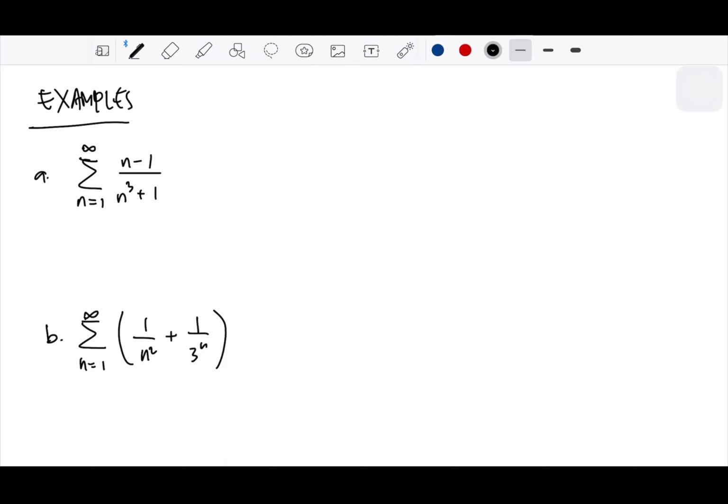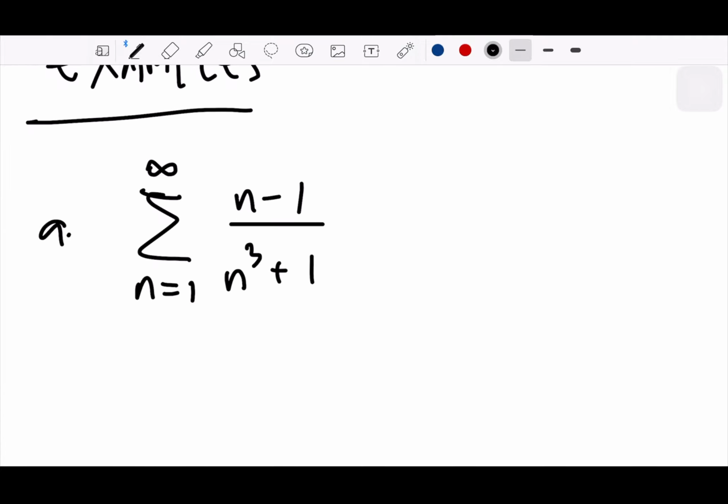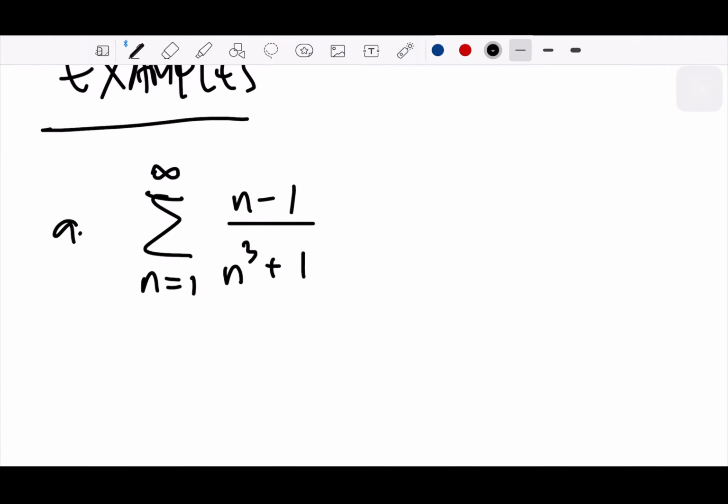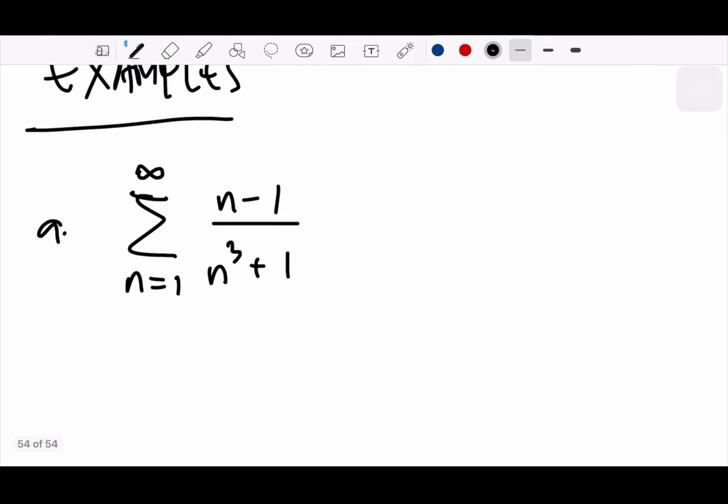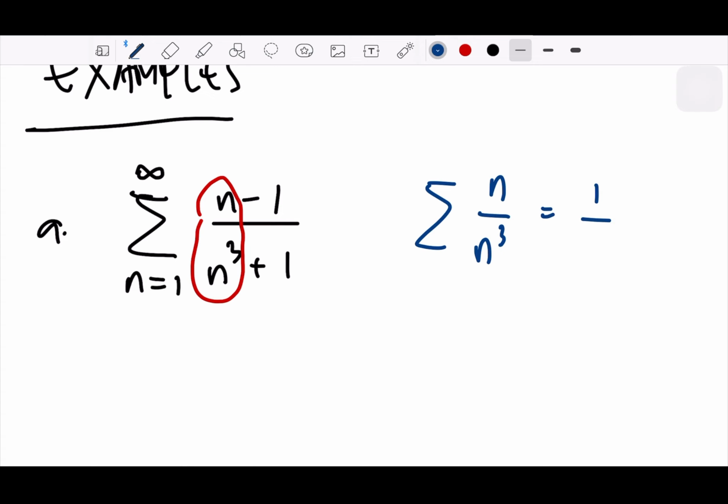Some obvious form. Okay, if you look on the series like this, if we can just look on this n and n cube, okay, if we can imagine some other functions or some series that is probably having n and n cube, or probably we have the 1 over n squared.